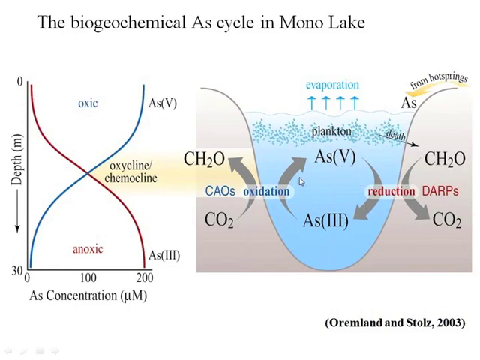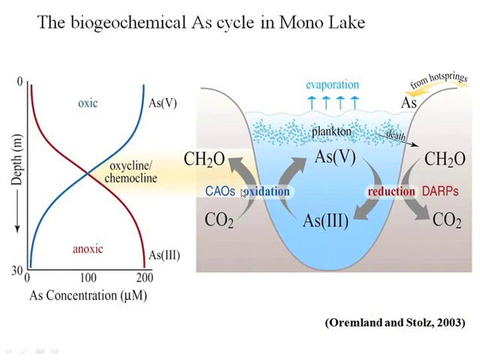And what we see going on with the arsenic that's present in the lake is that there's a complete biogeochemical arsenic cycle where arsenic 5 reduction to arsenic 3 is driven by these dissimilatory arsenic-reducing prokaryotes. Okay, these are basically the bacteria that are going to respire arsenate as an anaerobic respiration strategy. They're going to reduce arsenic 5 to arsenic 3, coupled to the oxidation of organic matter from the primary productivity in the lake.